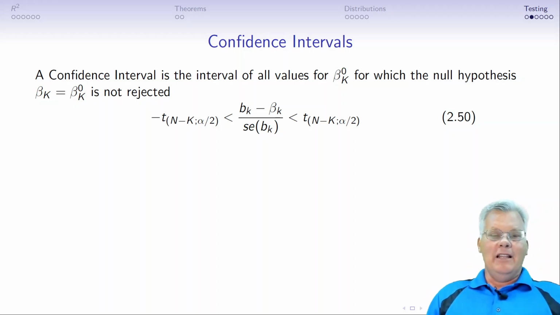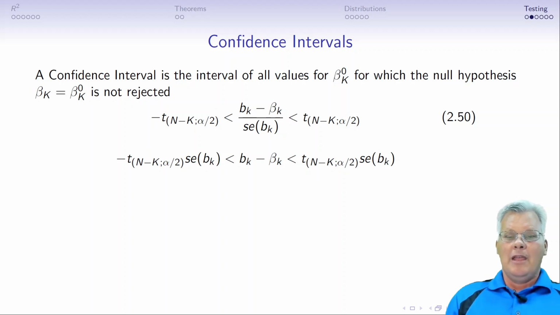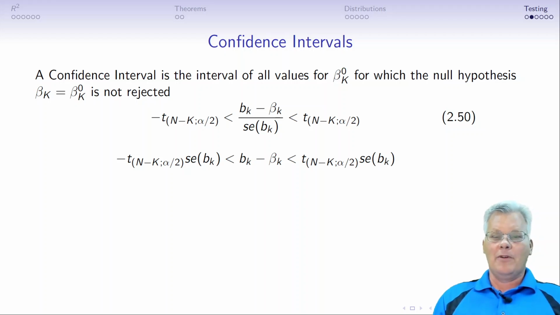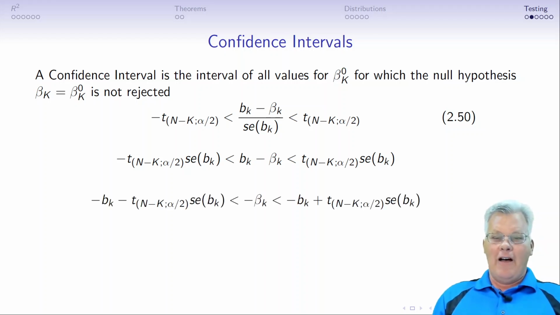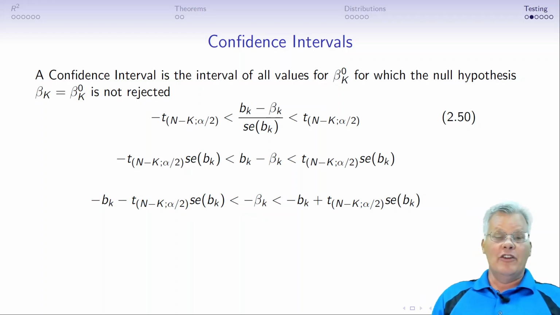And that should be greater than minus the critical value and less than the positive critical value. Now, if I multiply all three terms of this inequality by the standard error, I get this next expression, right? And then if I subtract b sub k, the estimated value, from all three, I've now constructed a confidence interval.